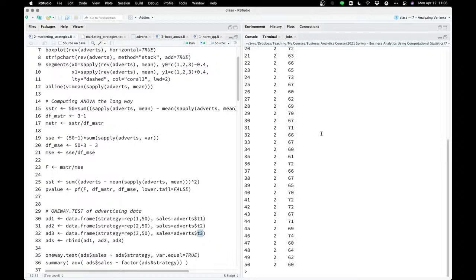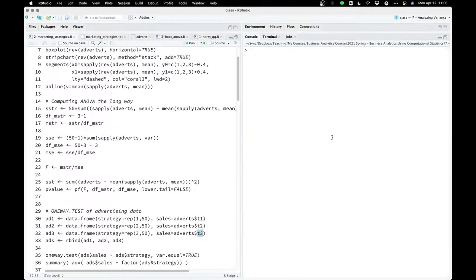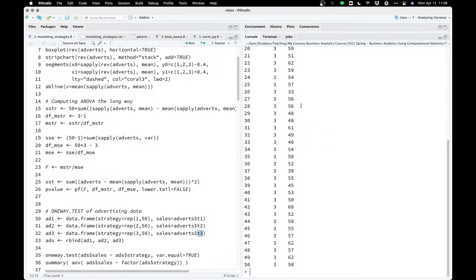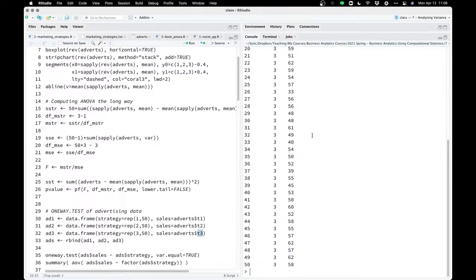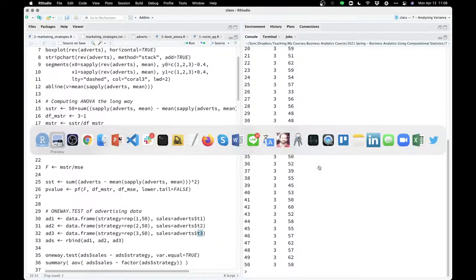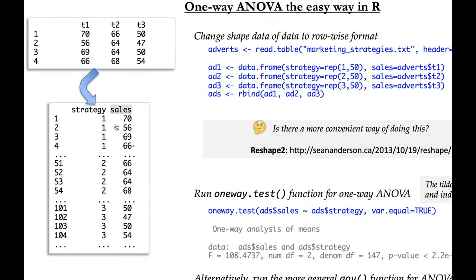Ad 2 looks like this, again 2 all the way down. Ad 3 looks like this, 3 all the way down. All right. So I've got 3 data frames, but R really wants these data frames all stuck together, one on top of the other.